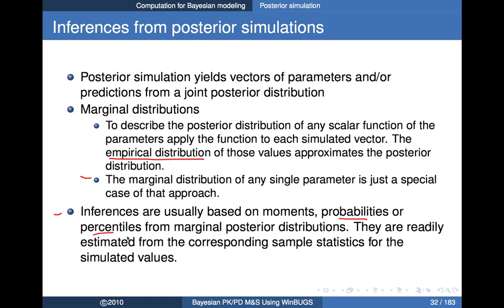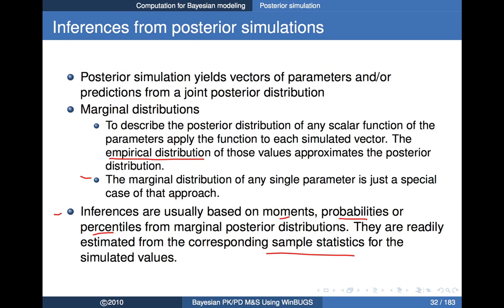I mentioned median in the context of moments. That was actually incorrect. The median is actually a percentile. But I can generate any of those from my marginal posterior distribution, or more correctly, from my samples, and those approximate the corresponding moments, probabilities, or percentiles for the true posterior distribution. Again, they're readily estimated just by computing the corresponding sample statistics based upon those simulated values.